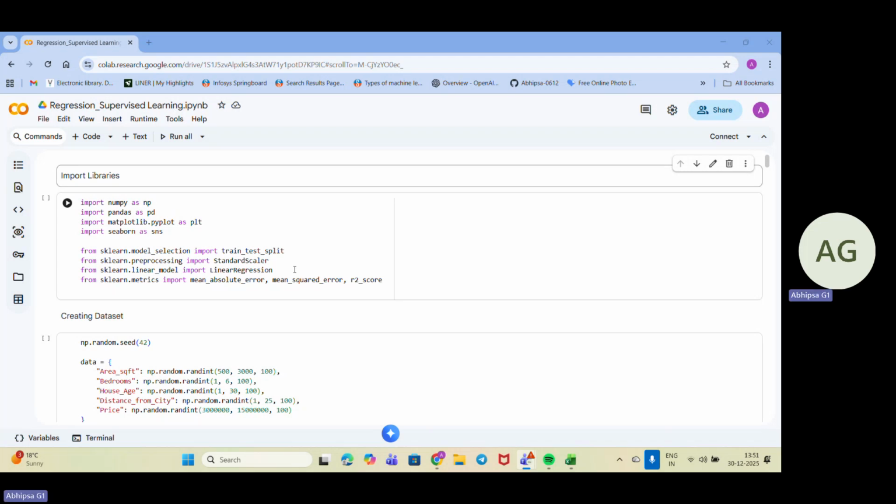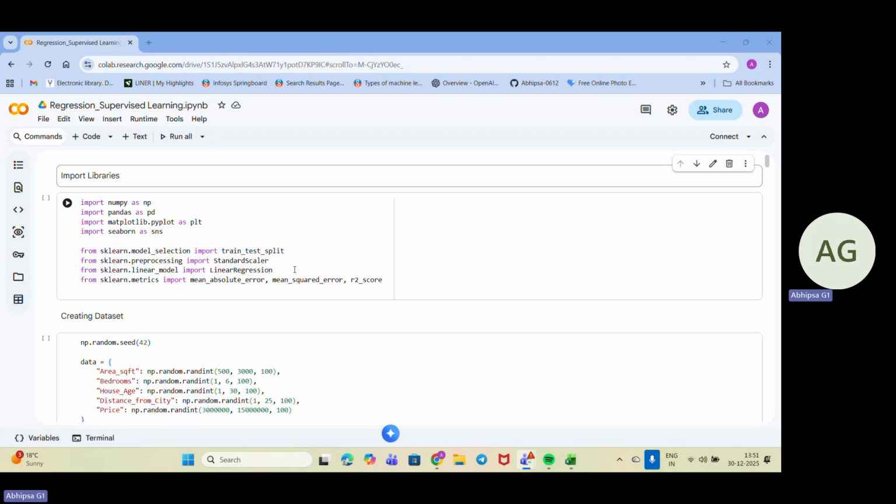Why we have taken these and in what way is because it gives us better insight, so that things are easily understandable. For the evaluation purpose, we have considered mean absolute error, mean squared error, and R squared error.